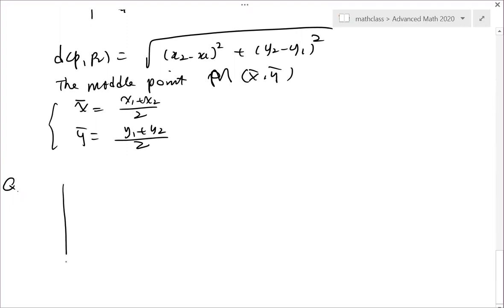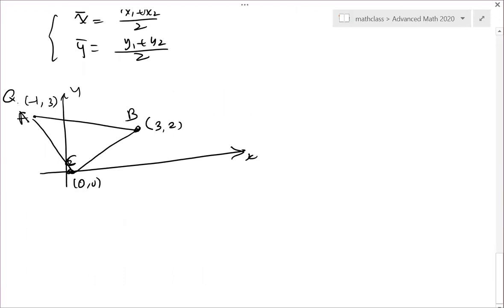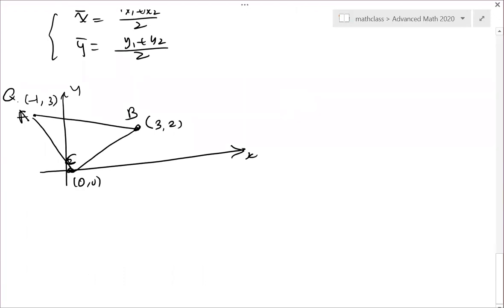Okay. Here's a question. I have a triangle. This will be 3 and 2, and here is going to be -1 and 3. How about that? Here's 0 and 0. So this is A, B, and C. We want to know what the area is.